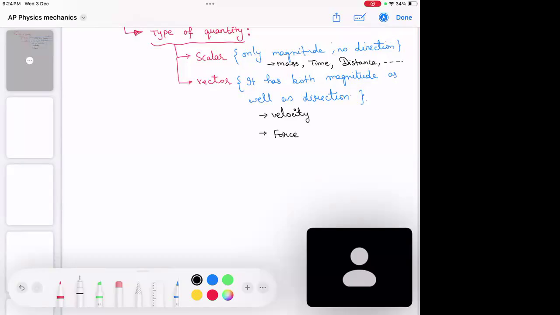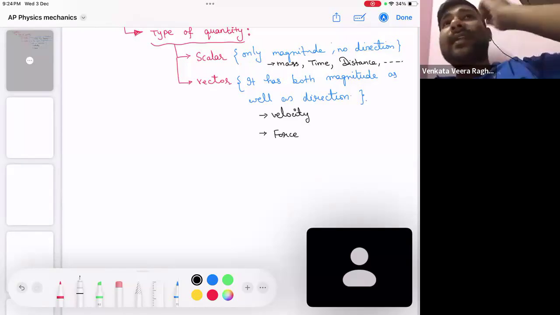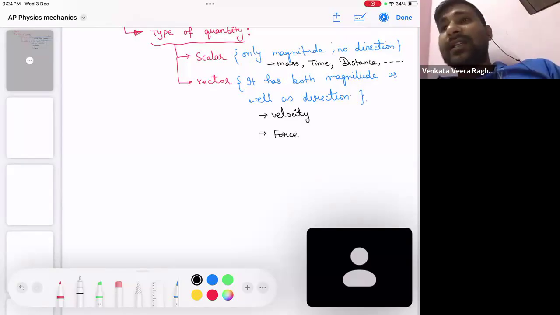We cannot just add two vectors the way we do algebraic or arithmetic addition. Understood? So we need to learn a thing which is called vector addition, right? Vector addition is different from the scalar addition of physical quantities. Is that clear? So that's why we should start with the vector first. Is that clear?